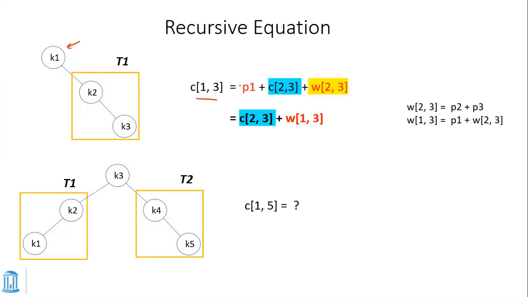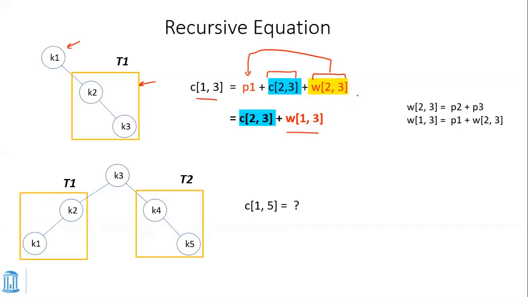Now notice that weight 2, 3 and P1 can be combined and simply written as the weight of 1, 3. That's simply the probability of any one of the keys 1, 2, or 3 being searched for.